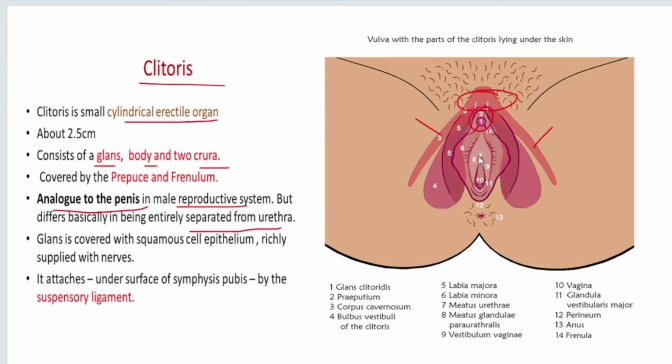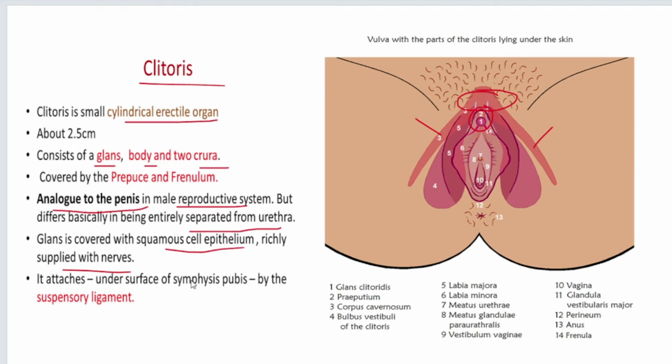You can see this is the urethral orifice, but the clitoris is here. In the penis, the urethral orifice is along with it. That is the difference between the penis and the clitoris. The glans is covered with squamous epithelium and richly supplied with nerves. That's why whenever there is a touch or pressure on the clitoris, the female gets sexually excited.